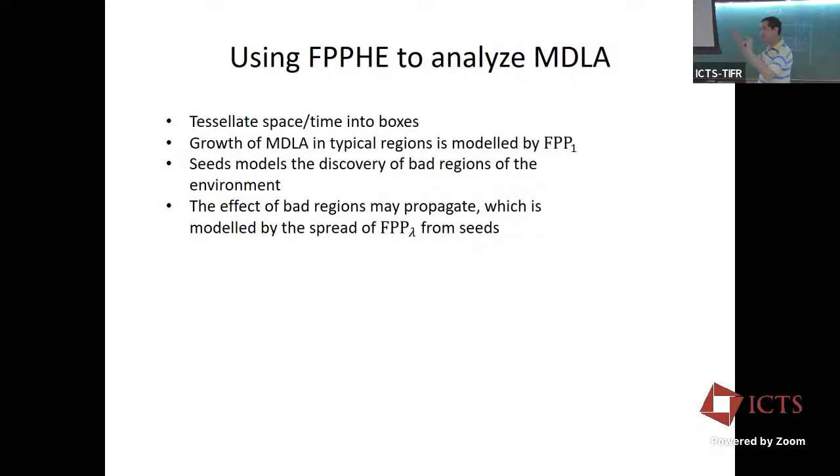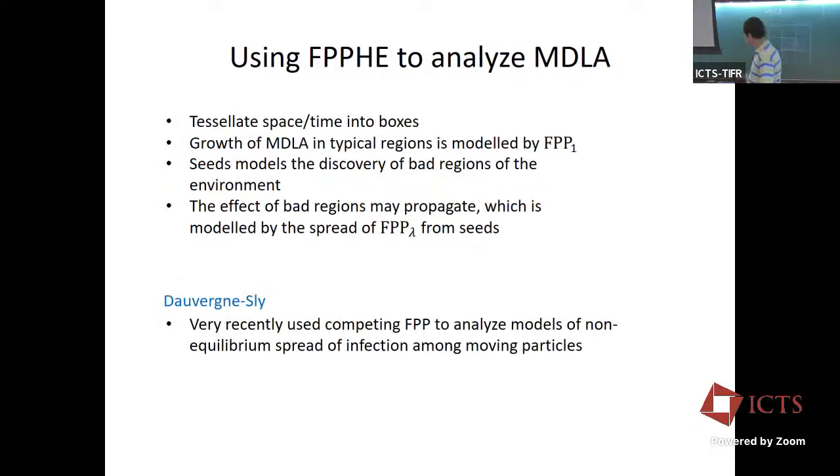So that's a very rough idea of why FPPHE models the way this growth process, this MDLA, behaves. And actually, you can do this in more generality, for more models. Very recently, Duncan Dauvergne and Allan Sly used this FPPHE process that we introduced to analyze models of non-equilibrium spread of infection.